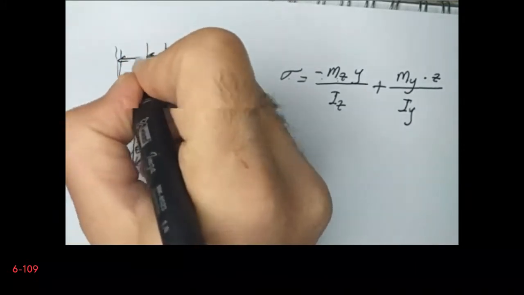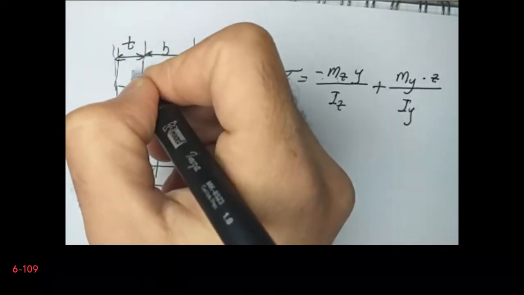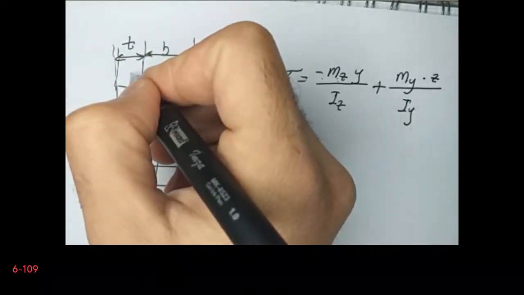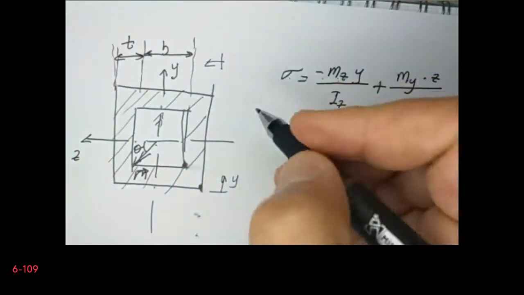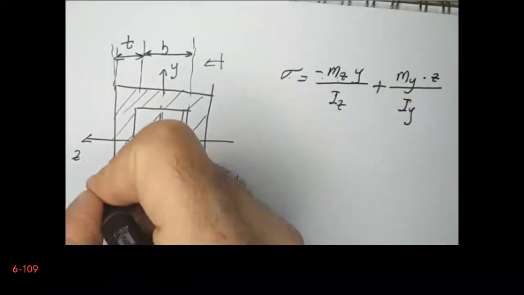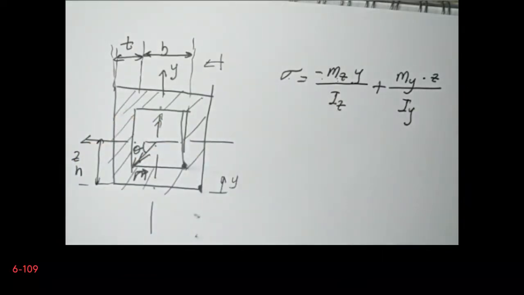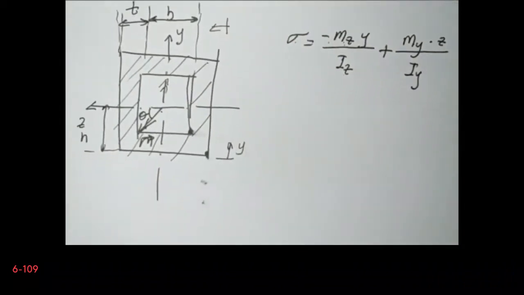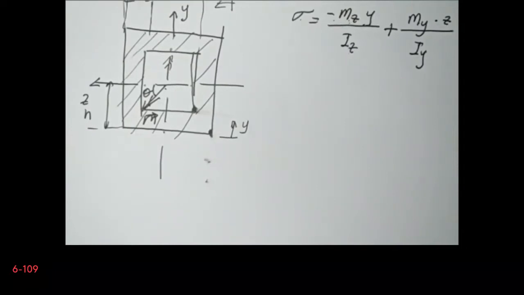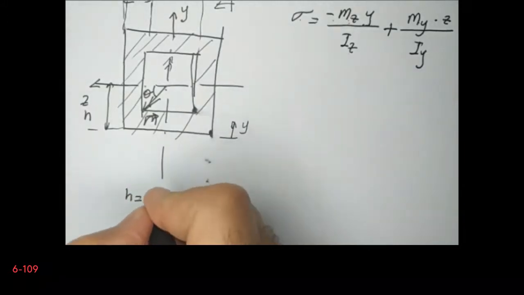This dimension is T, and we have H. So let's say that this dimension is H. As a result, H is 0.15 meters.